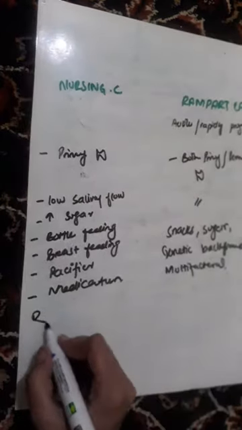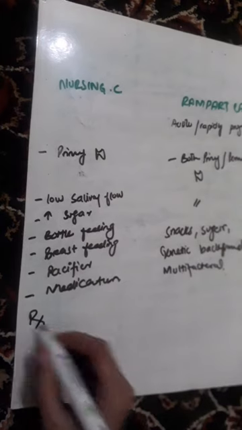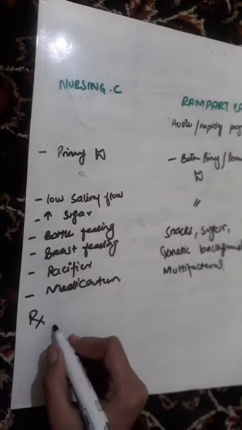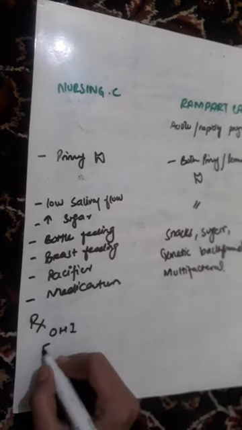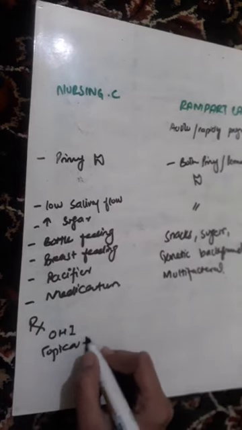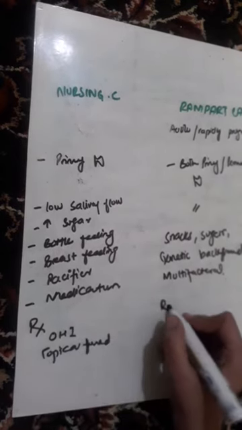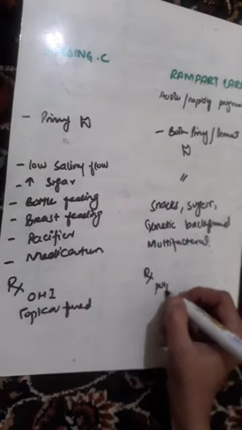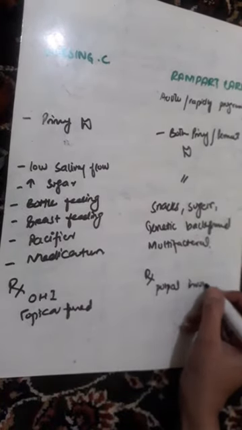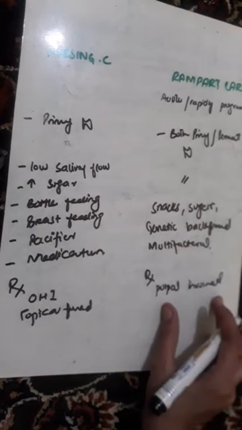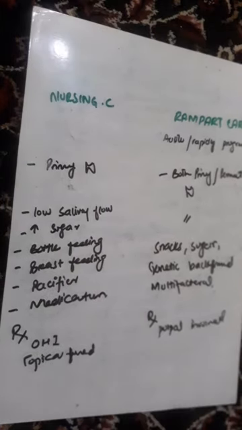Now the treatment depends upon the level of caries. It is oral hygiene instruction and topical fluoride. While in rampant caries, as the pulp is involved, it depends upon the level of pulp exposure.